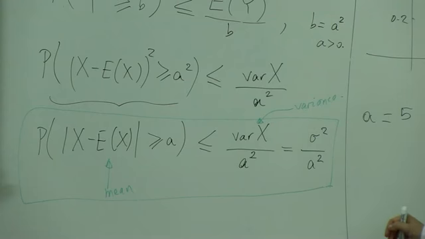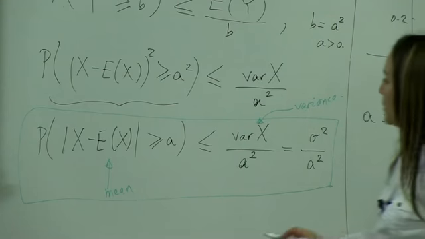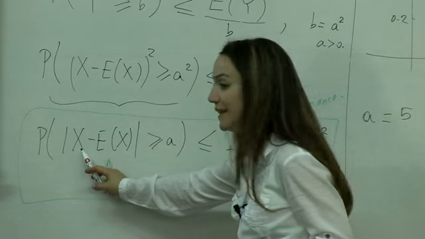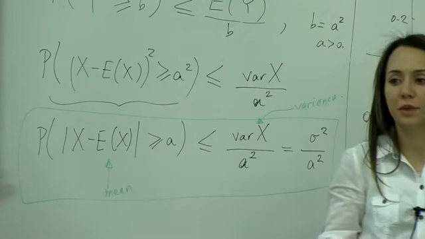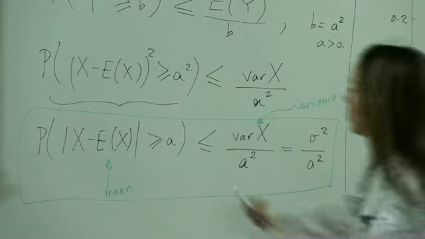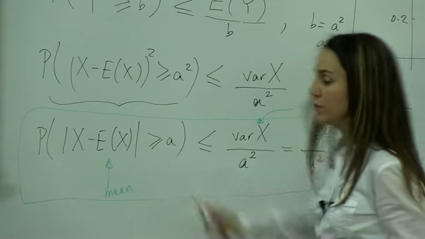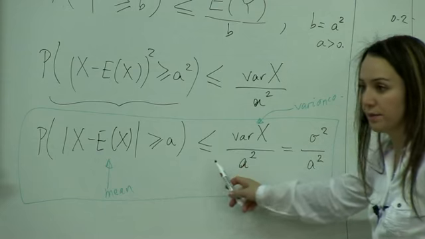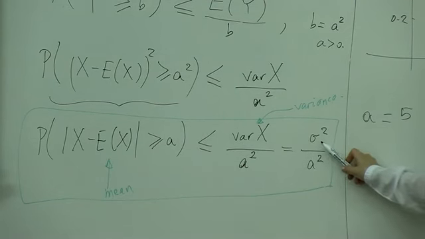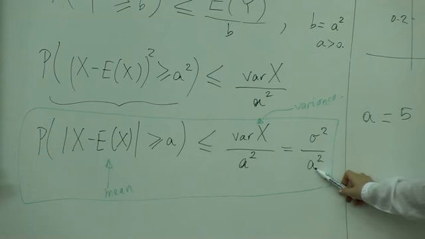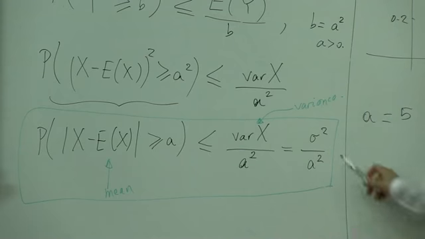Now, so let's understand this. Give me any random variable. The probability that the random variable deviates from its mean in absolute value by more than a certain amount is upper bounded by the variance of the random variable scaled by 1 over that amount squared.